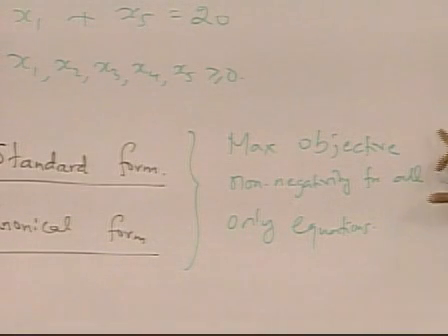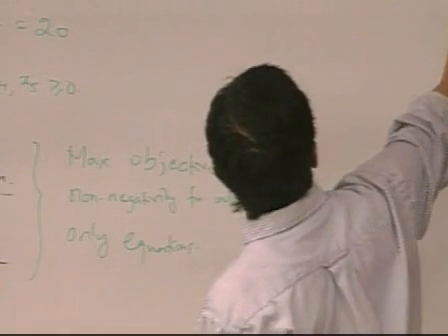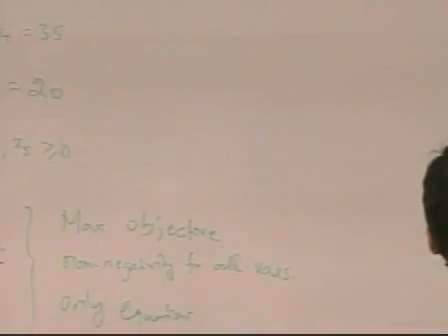If you have a minimization objective, what happens? If you want to minimize 4x1 minus 3x2, this is the same as maximizing minus of that quantity.